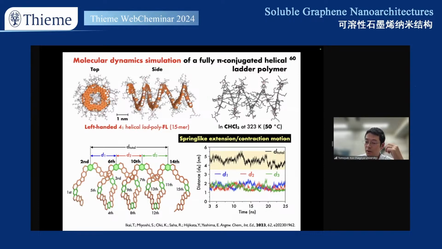But I think we need to study the spring-like motion of this polymer. Maybe it is very related to the optical property, and this spring-like motion depends on the temperature. In the future, I will try to clarify the relationship between the spring-like motion and the optical property. Thank you very much for your question.